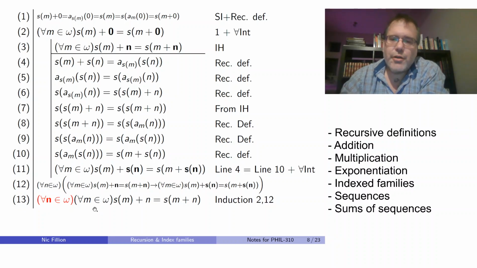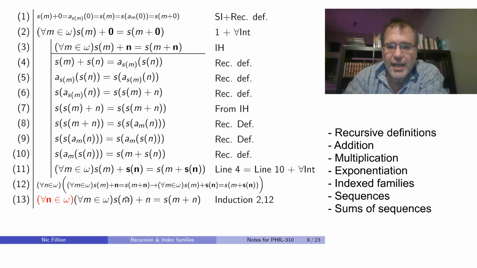To do induction, we need the base case and the inductive step. I wrote the base case on line number 2, where you see I replaced n by 0, because that's the base case. And I put the inductive step that says that if the property applies to n, then it applies to the successor of n.